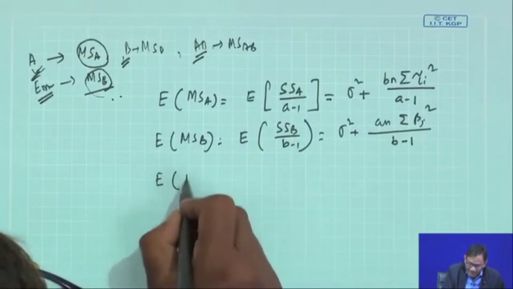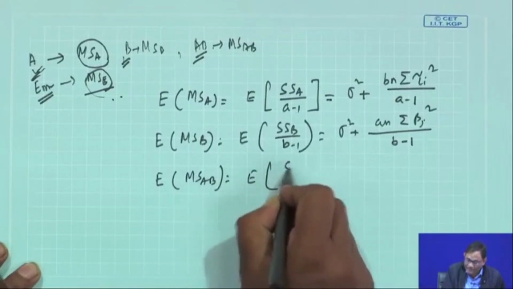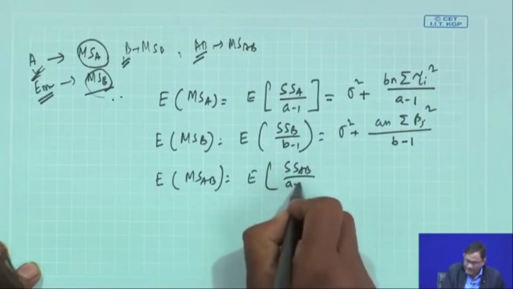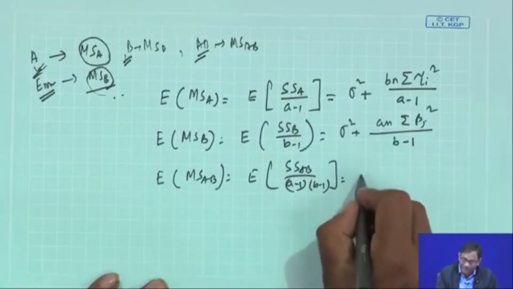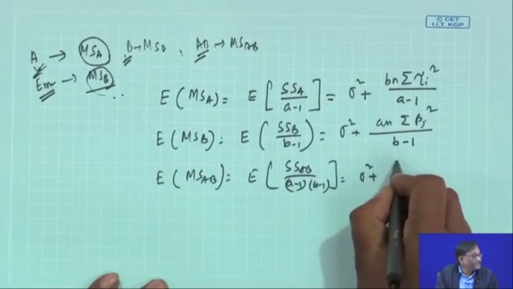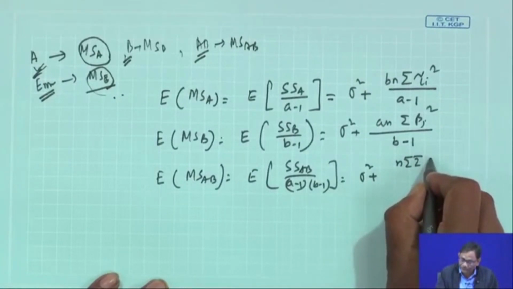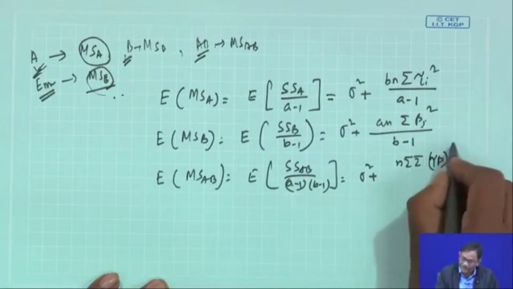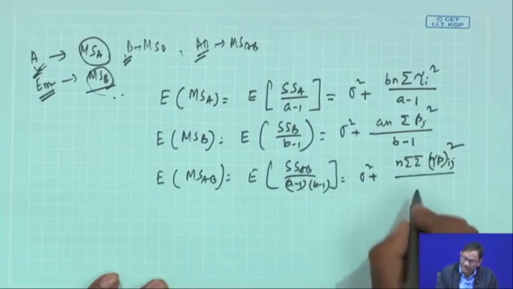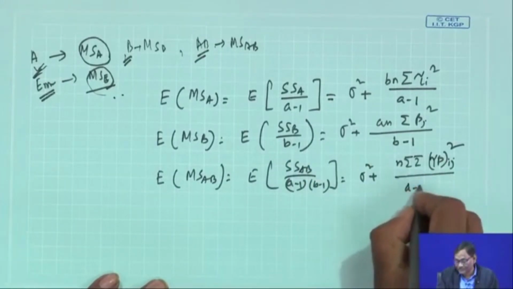Similarly, the expected value of MSAB, which is SSAB by a minus 1 into b minus 1, becomes sigma squared plus n double sum of tau beta ij squared divided by a minus 1 into b minus 1.